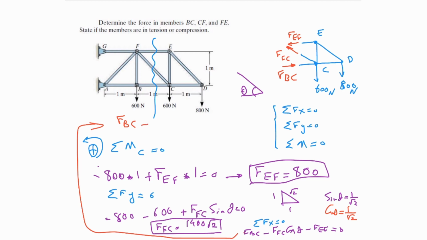That would be minus 1400, and the EF, I have the value for that minus 800 equal to 0, meaning that FBC would be 2200 newtons. Okay, as you can see, we do the cut.